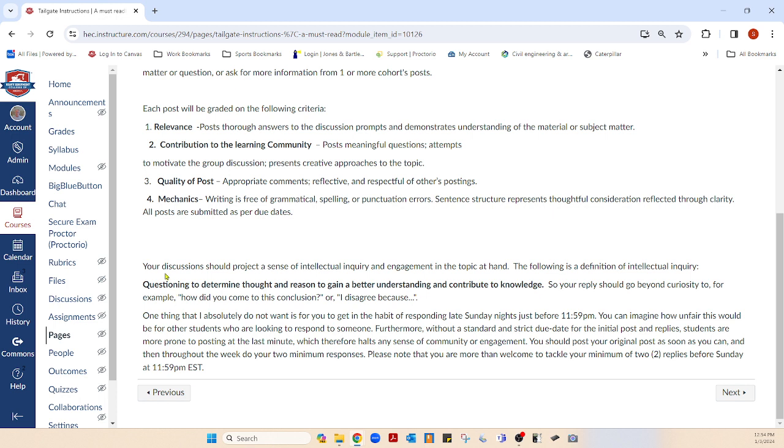Now, this has been around. Posts should project a sense of intellectual inquiry and engagement in the topic at hand. And I wrote down this definition I found of that: questioning to determine thought and reason to gain a better understanding and contribute to knowledge.